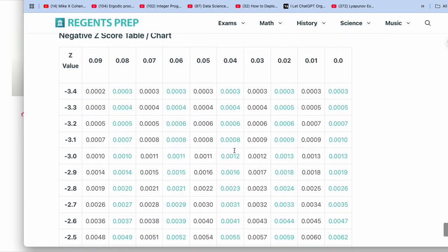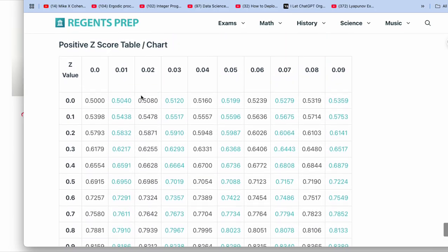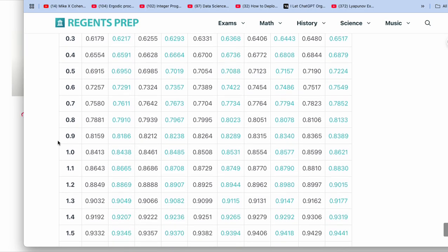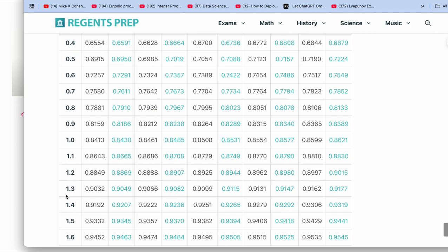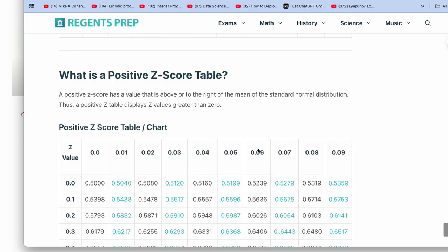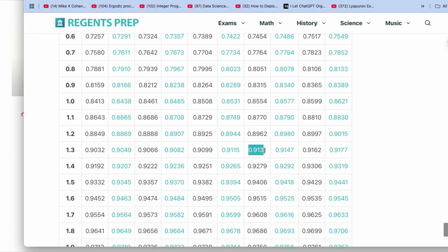Okay, so this is a negative z-score table, which would solve most of our problems, but you won't be given it. Let's see the positive z-score table. The value was 1.36. So what are my first digits? It's 1.3, right? And then I have to go to the column and find the 006. So 006 is this one. I'm going to get down to the row of 1.3. Here you go. Okay, so I found my probability. Is this the probability that I want?